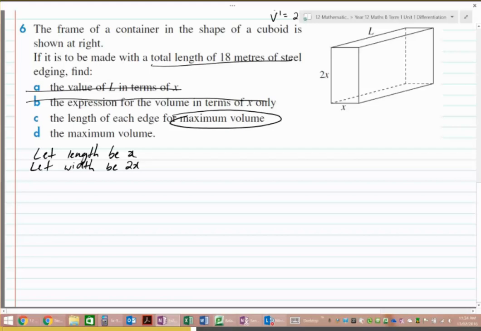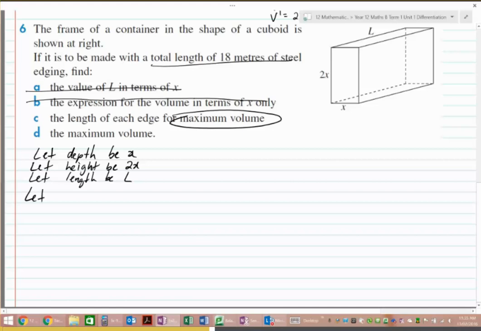Yeah, I probably should have named them differently. I'll call this the depth, and we'll call this the height, and let the length be L. It doesn't really matter how we name these, it will all sort itself out in the wash.